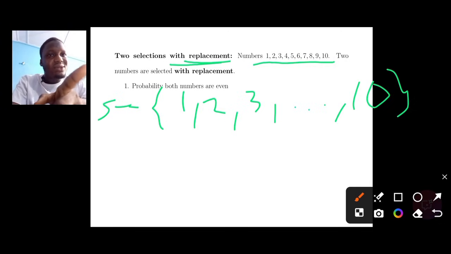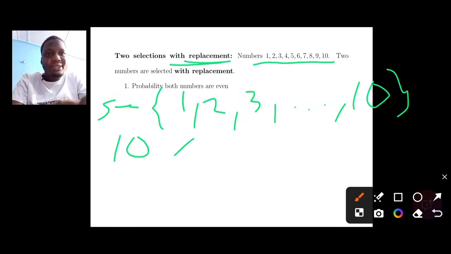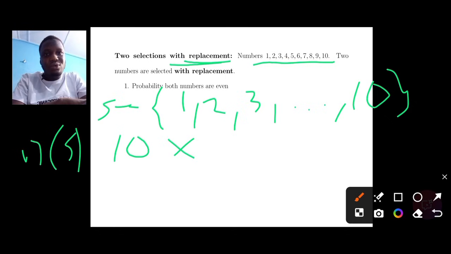So this is actually not the sample space for our question, because our selection is done twice. Ideally, the sample space should be the first selection has 10 outcomes times the second selection, which also has 10 outcomes. Remember, there are 10 numbers, so you can choose any of the 10.